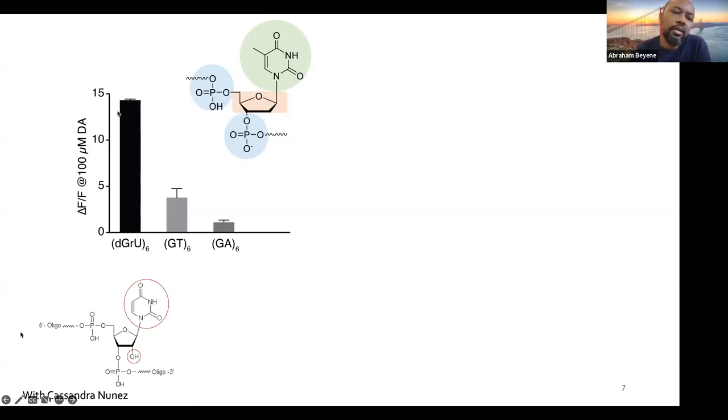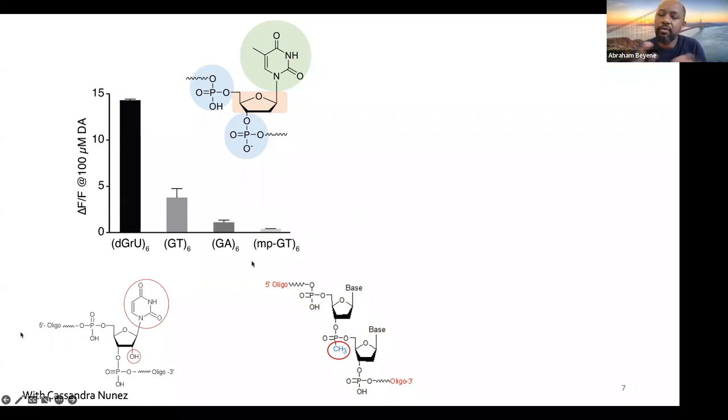And you can see this very profound effect. And then if you were to change one of these non-bridging oxygen atoms on this phosphate backbone to a metal group, creating this so-called metal phosphonate backbone on the DNA, you end up having a sequence that, again, forms a really good colloid. It's very stable. It's very fluorescent, but it's nearly insensitive to dopamine.